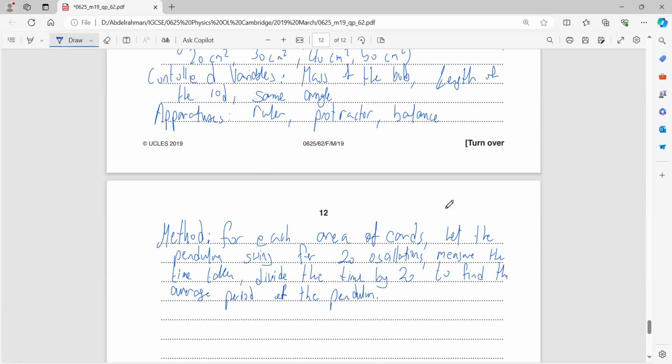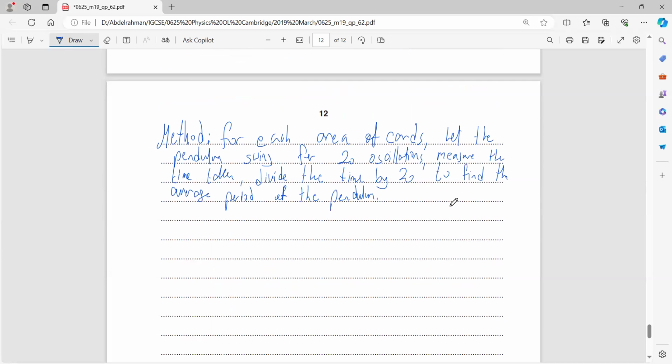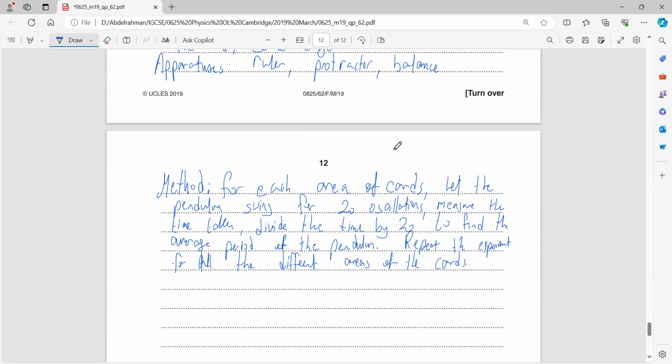That's it. And then you must repeat for all the different areas of the card. You have to say that. Repeat the experiment for all areas of the cards. That's the method. That is the method you are required to write down.